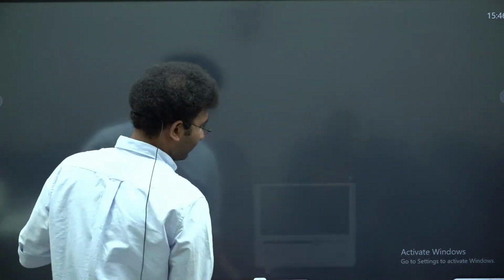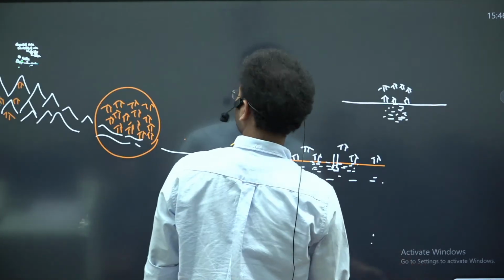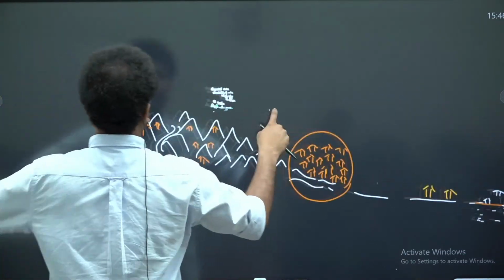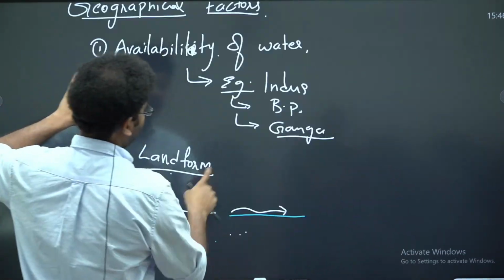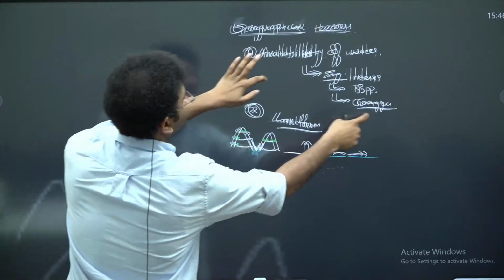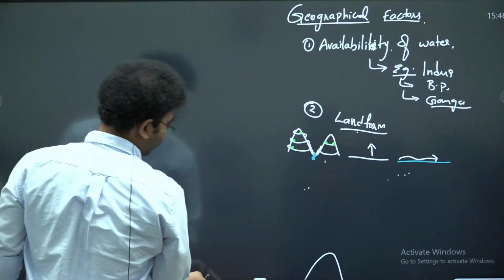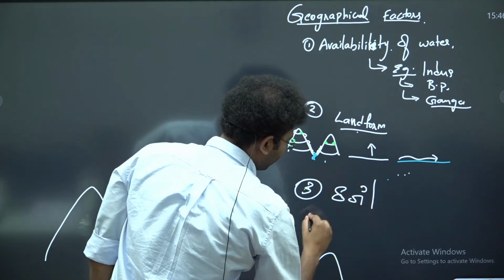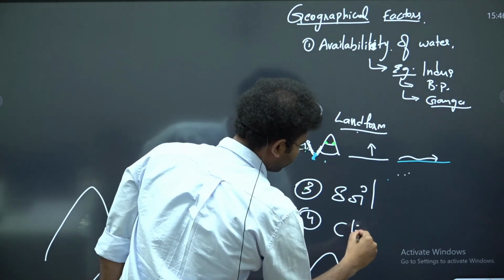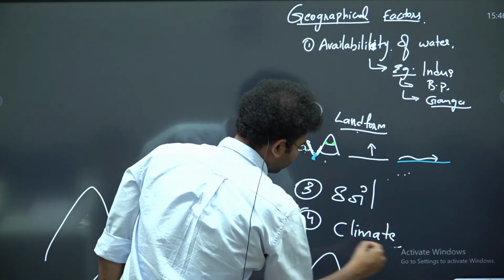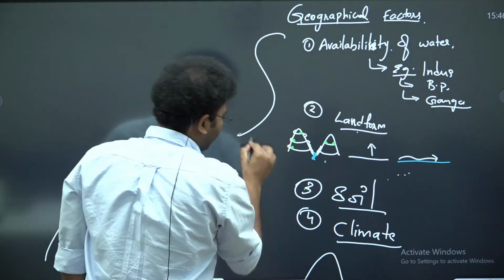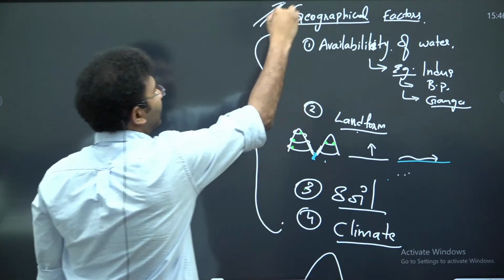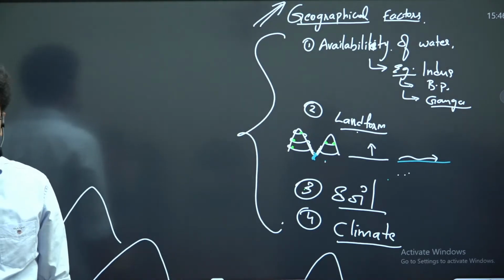We were discussing the different types of population, right? It's written here. Now the third factor that we have to discuss is soil, and this is climate. These four factors are geographical factors, right?